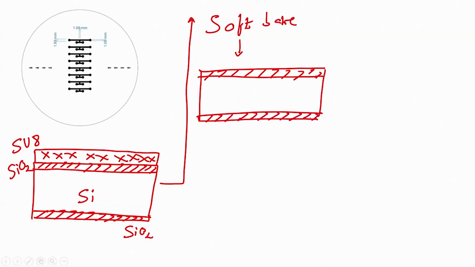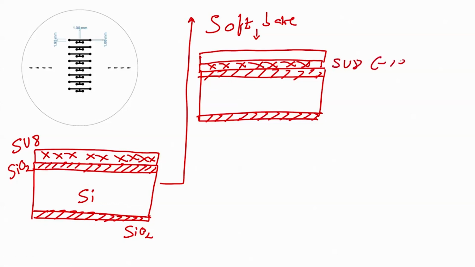So, it is an oxidized silicon wafer, right, on which there is SU8, on which there should be the mask, right. Now, you have to be careful because SU8 acts as a negative photoresist, okay.